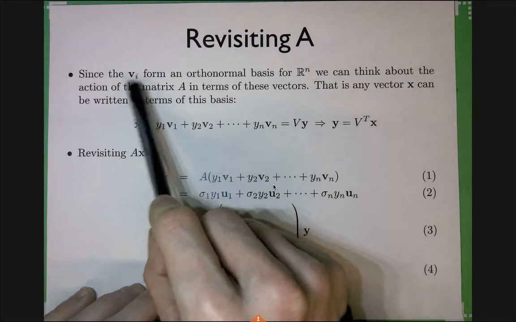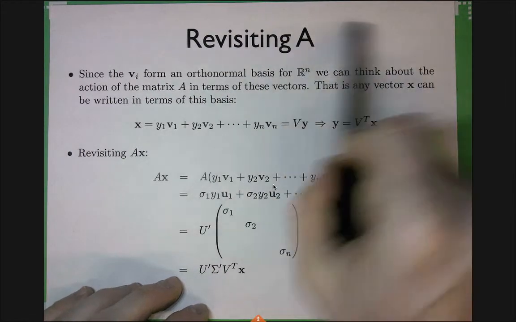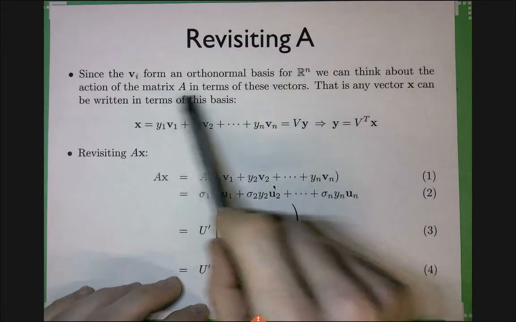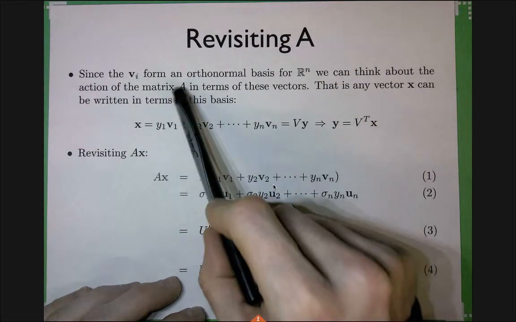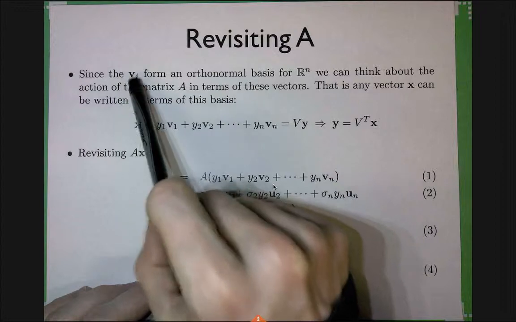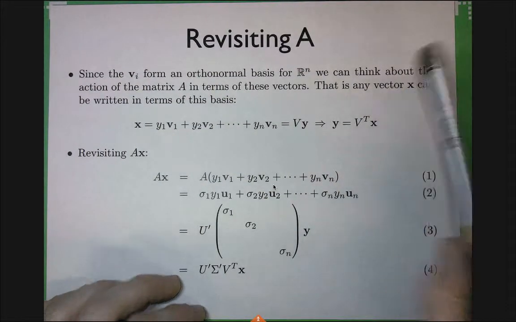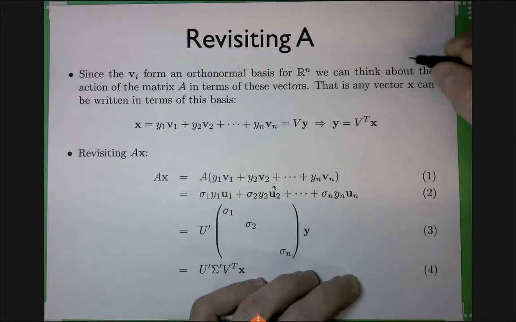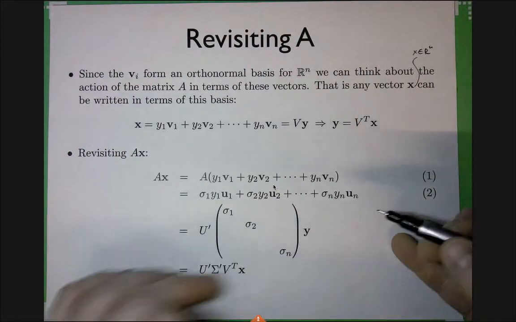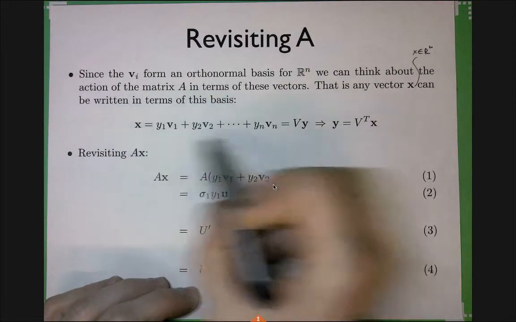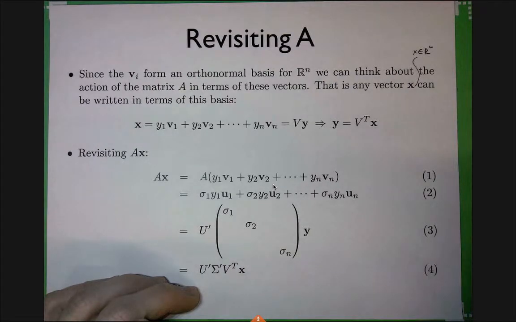Because the v_i's are the orthonormal basis for R^n, that's where the matrix maps from, we can look at the action of the matrix in terms of the coordinates with respect to this basis. Or in other words, I can take an arbitrary vector x from R^n, and I can write it as a linear combination of the basis vectors, right? That's the definition of the basis.